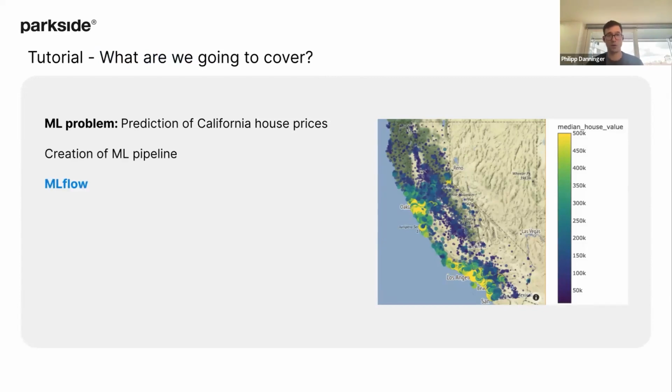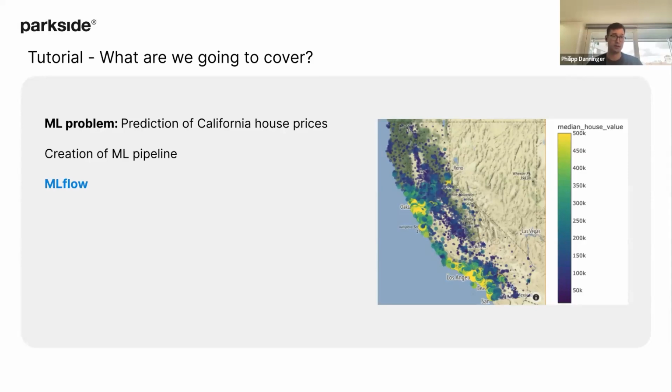I created a small machine learning pipeline, but for me and for this tutorial, the main focus is not to show a trained machine learning algorithm that achieves very high performance on predicting house prices.